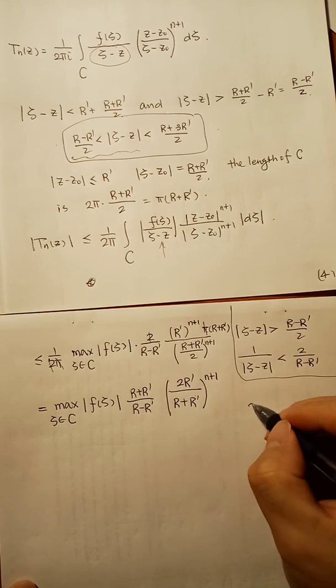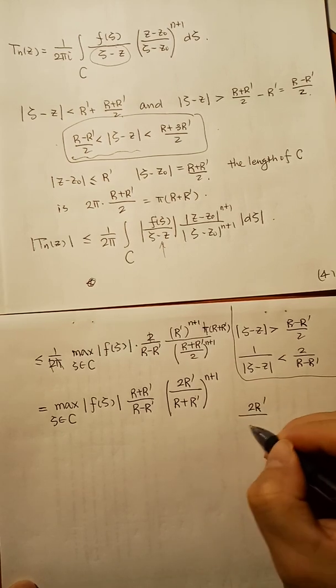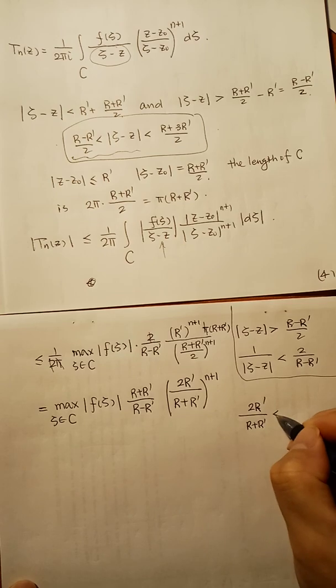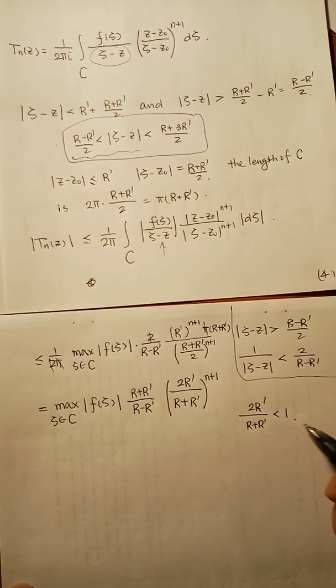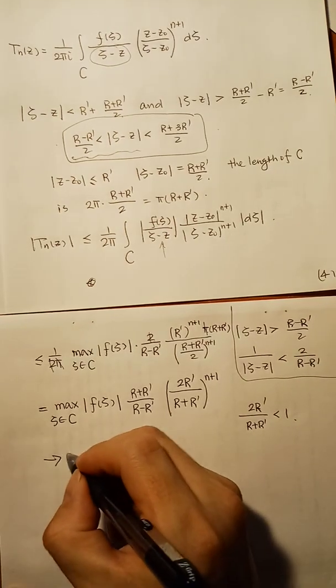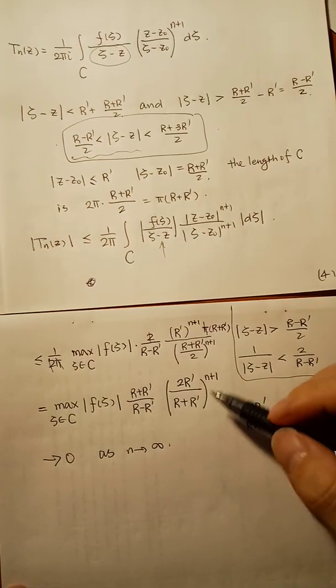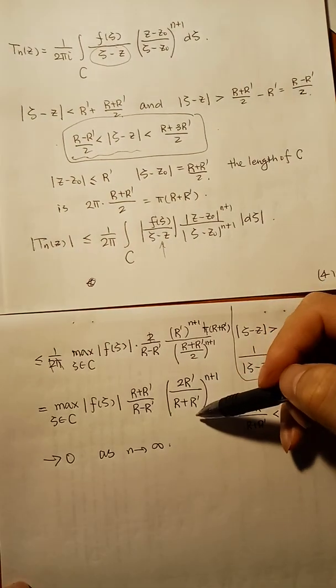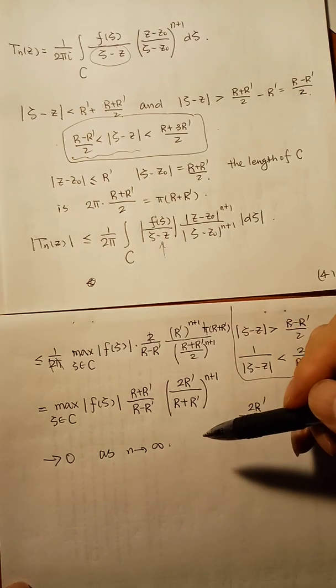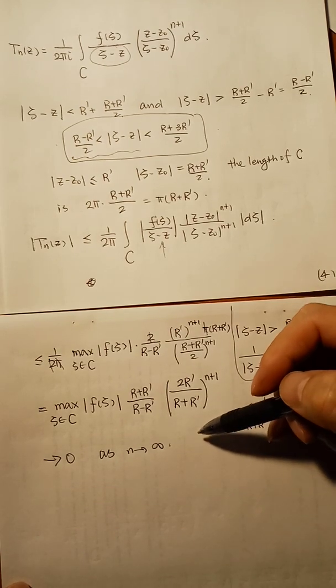And 2r prime over r plus r prime is less than 1. So the nth power will approach 0. So we do prove it converges to 0, and the convergence is uniform.